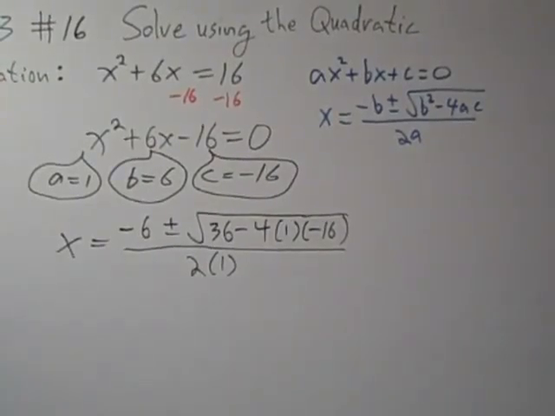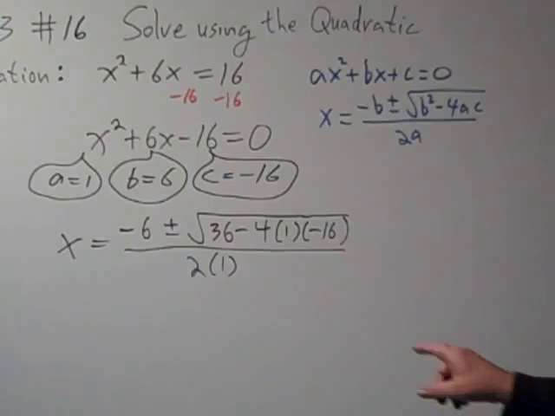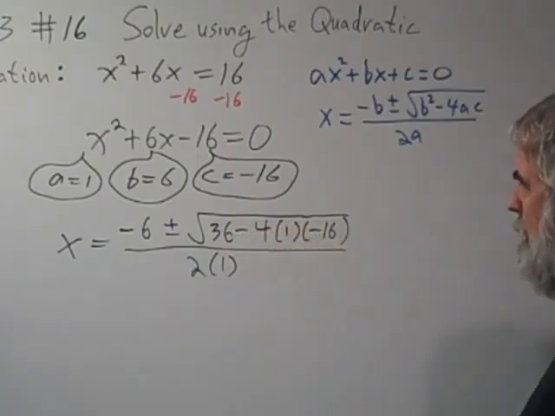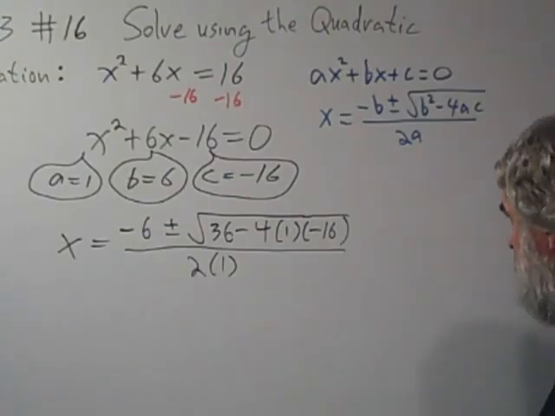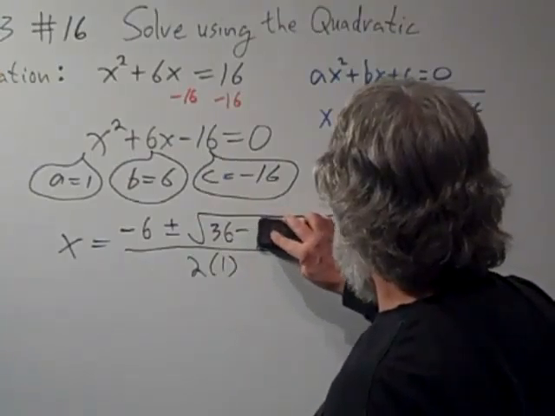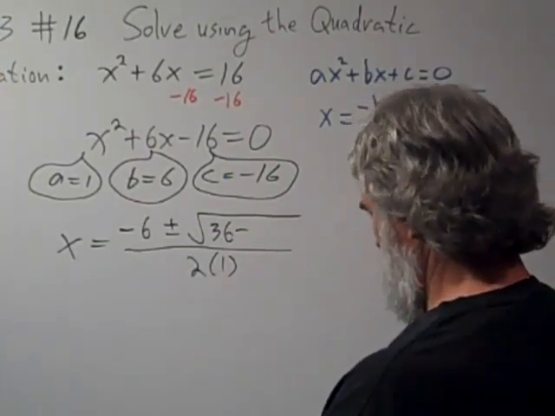Under the radicand there, 36 minus, there's a minus 4 times a minus 16. A minus times a minus will be a positive. And 16 times 4 is 64, so this is plus 64.